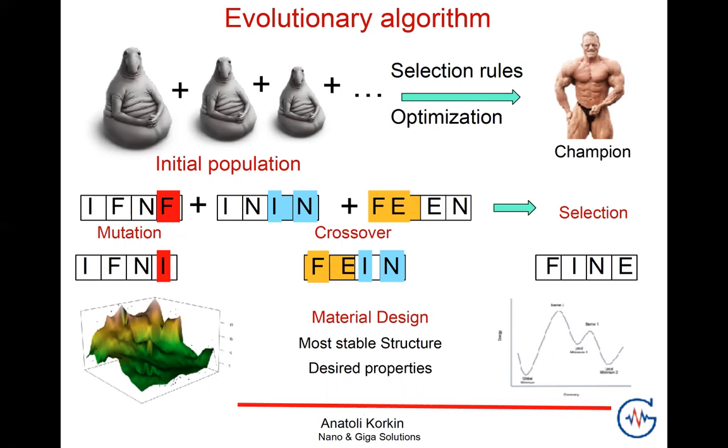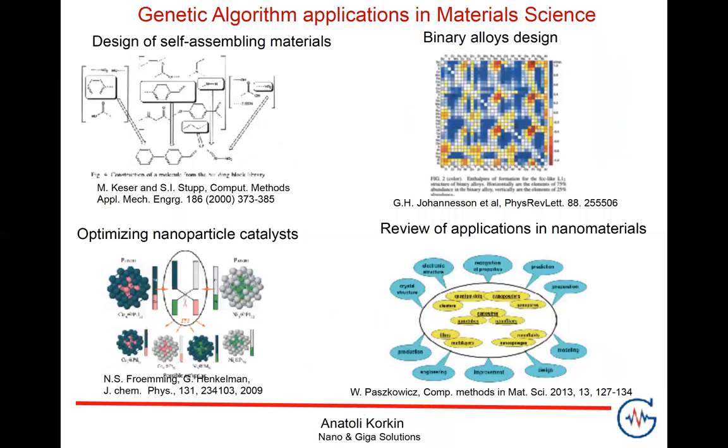For example, when you find the global minimum of the structure, your mutation would mean a change in the positions of atoms in the molecules, and you do it extensively in order to find the global minimum. So here are just a few examples of using genetic algorithm applications in material science.